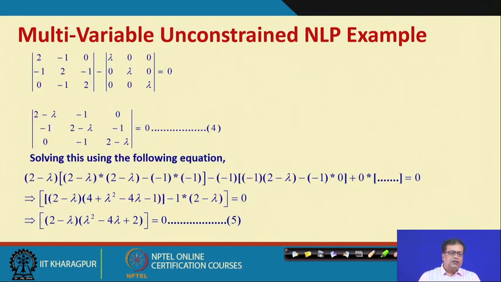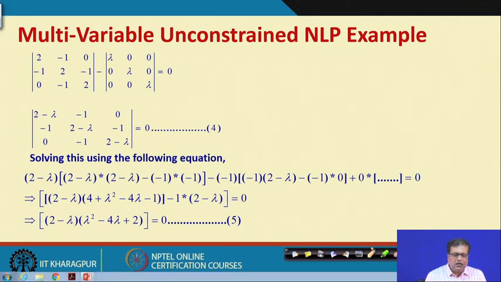Now, how does the multiplication happen? It should be 2 minus lambda, that is this term, into (2 minus lambda) into (2 minus lambda) minus (minus 1) into (minus 1). So, basically that is how we proceed. We take this one and this one.